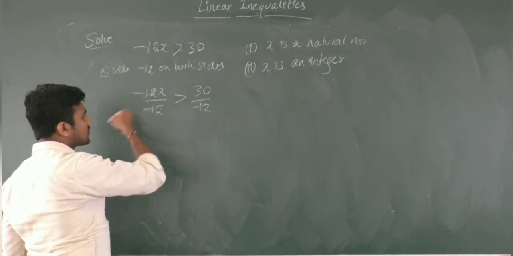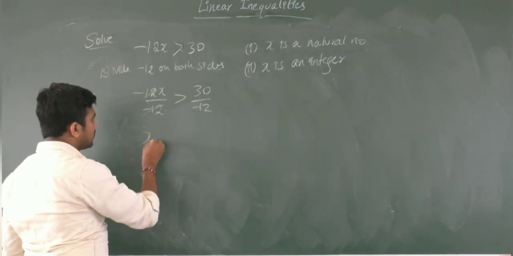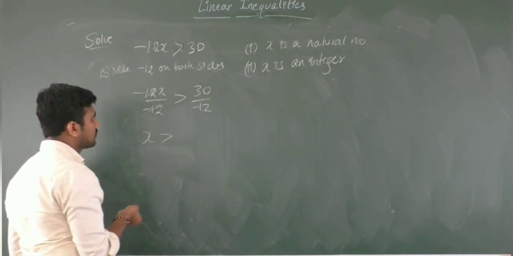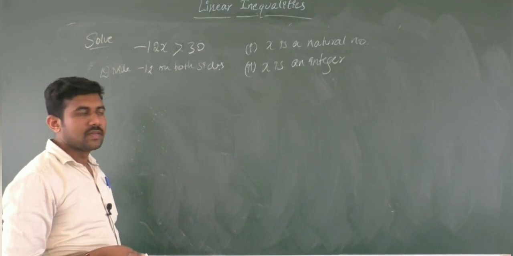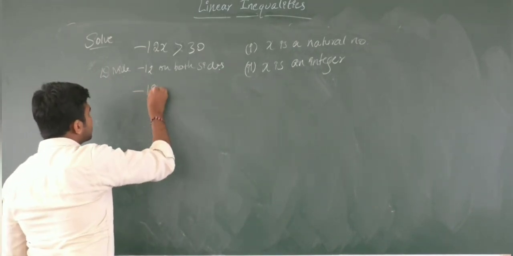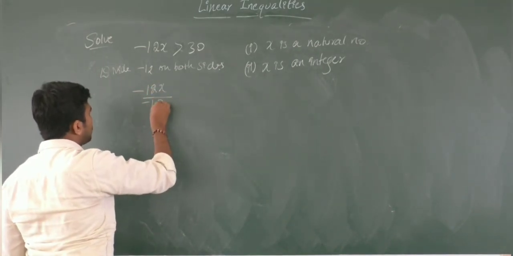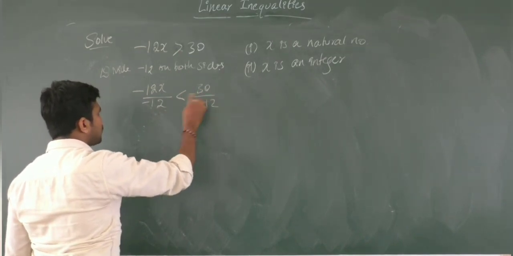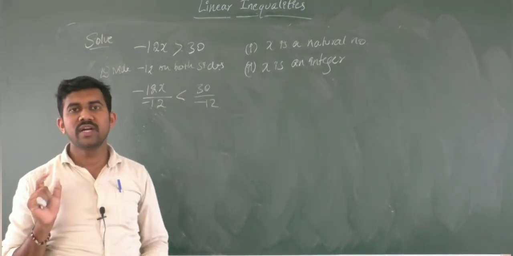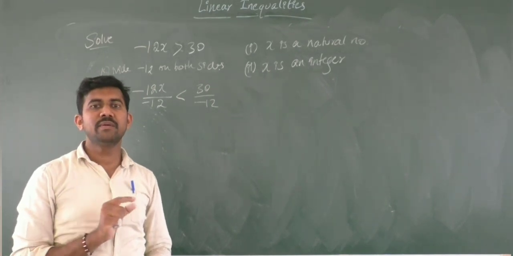So minus 12 cancels. x greater than... Okay, minus 12x by minus 12, the sign reverses, 30 by minus 12. Why does the sign reverse here? Because we are dividing by a negative number.